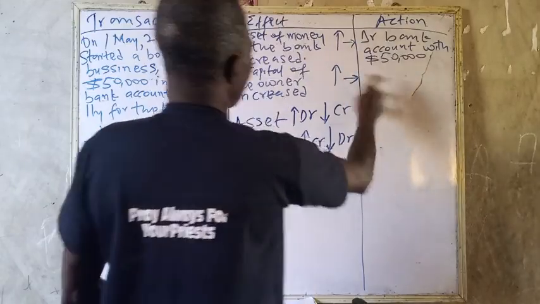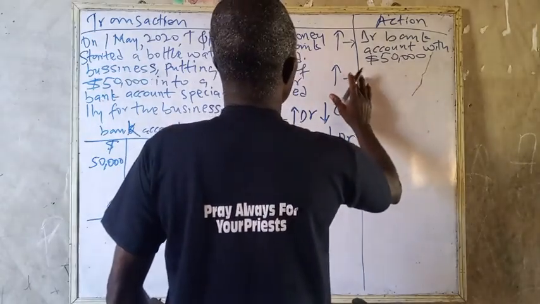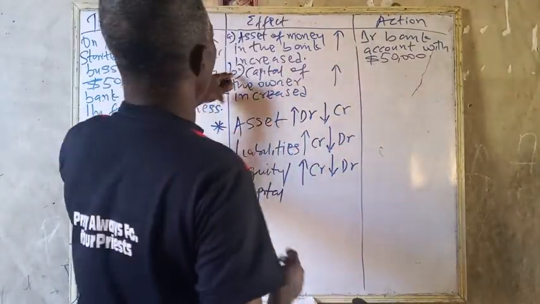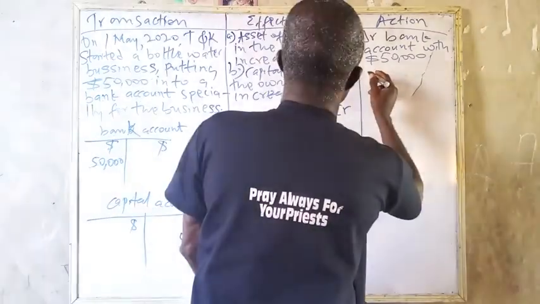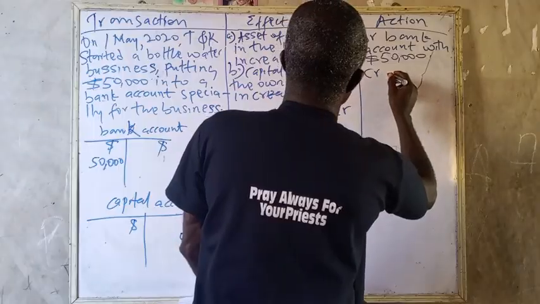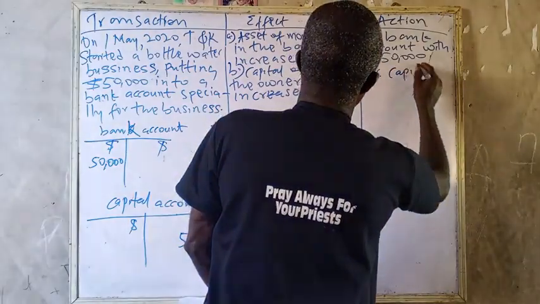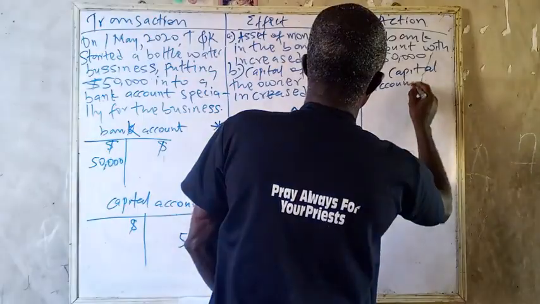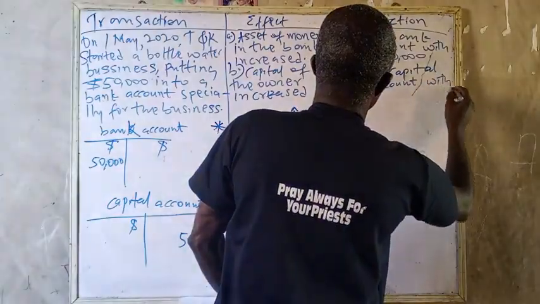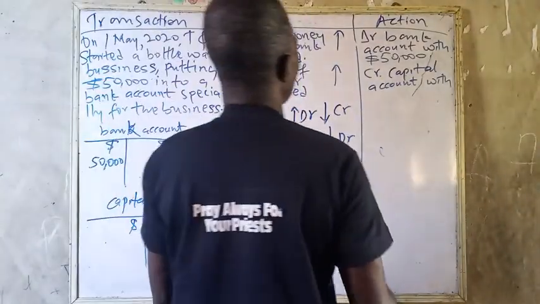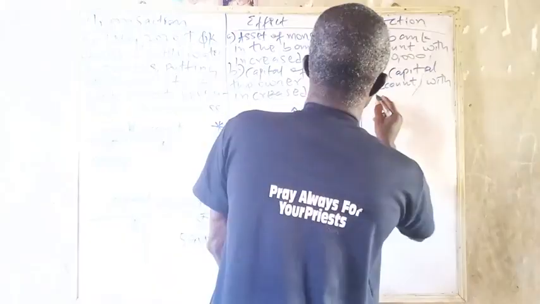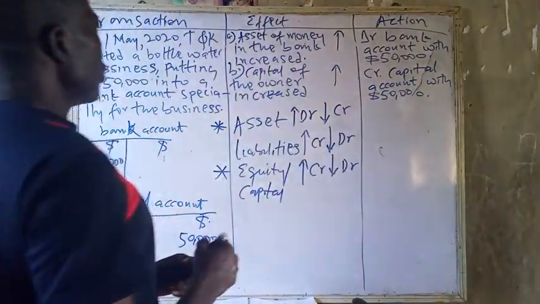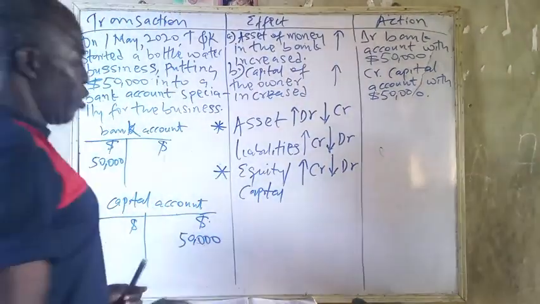To avoid confusion, I put A and B. A is to debit, and B is also to credit: credit capital account with the same amount, $50,000. That is double entry for you, simultaneously. So that is example 1.